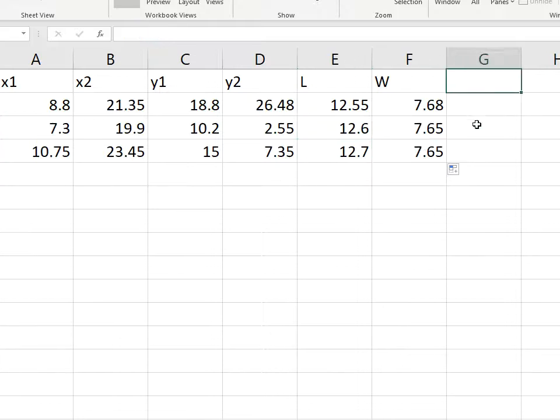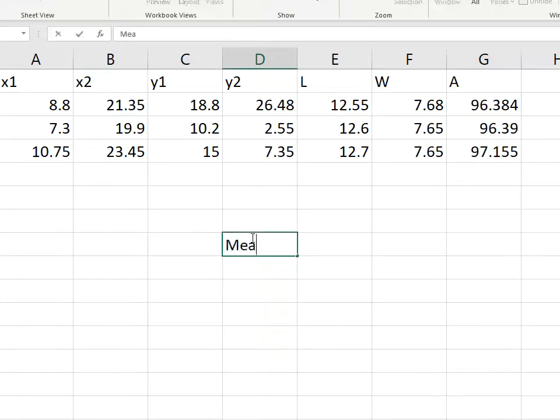So it wouldn't be quite correct to say, I mean, we could say we did 3 trials of the area equals this times this, and copy that down. And then, oops, copy that.